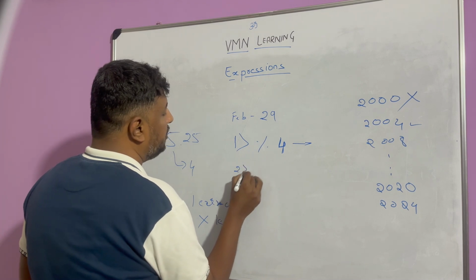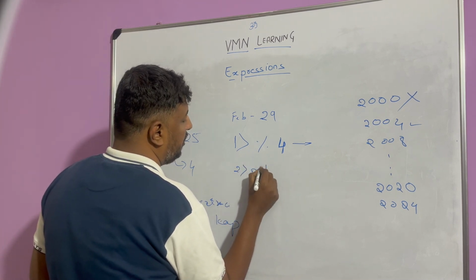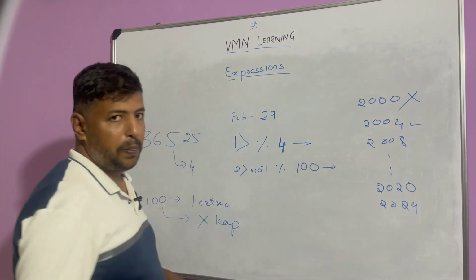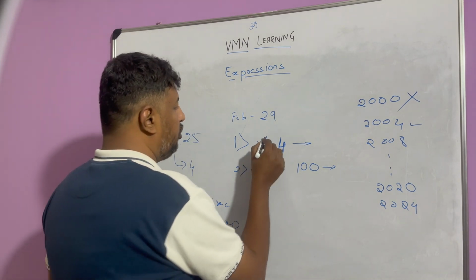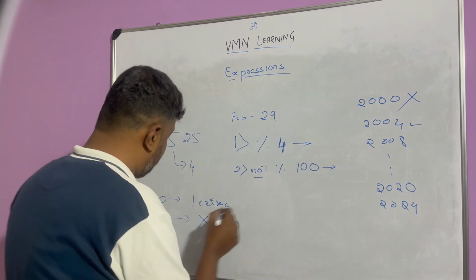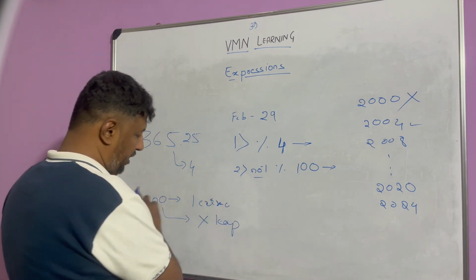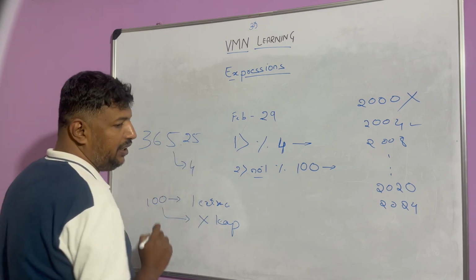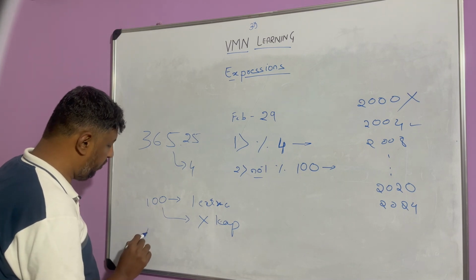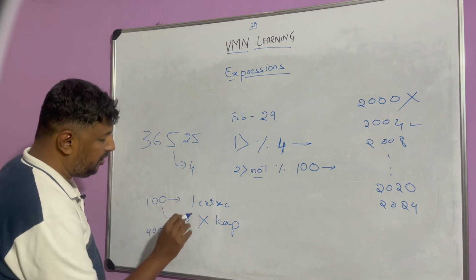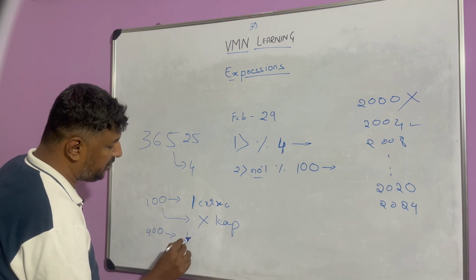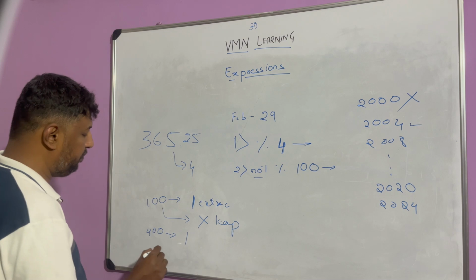So the second thing is that it should not be divisible by 100. And the third condition: after doing this extra leap year calculation, in the fourth year one extra day is additionally removed.